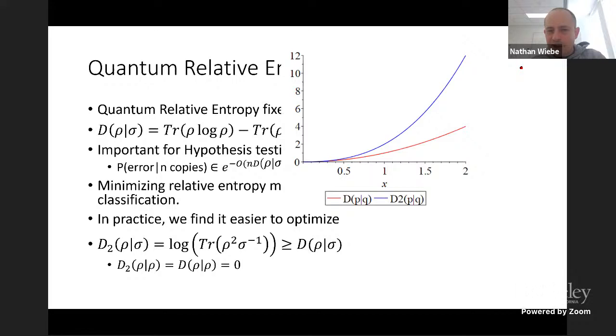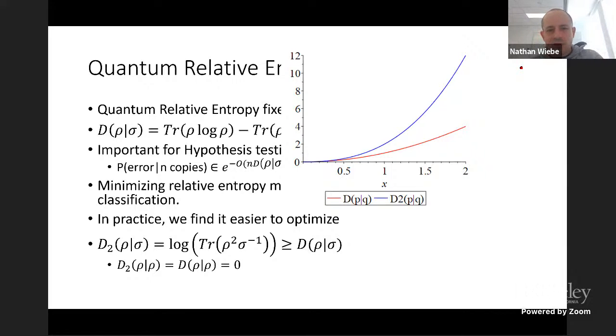So this ends up leading to a situation where we're trying to optimize a function like this. We really would like to make D go to 0, which would be the relative entropy in our case. But if we can get the Rényi divergence to go to 0, because it's an upper bound, and it's a tight upper bound near 0, pushing the blue curve to 0 also guarantees that the red curve goes to 0.